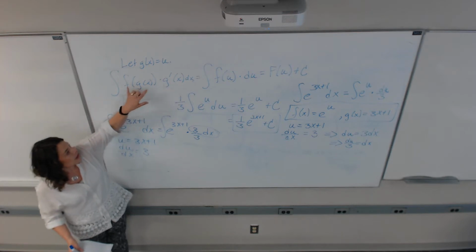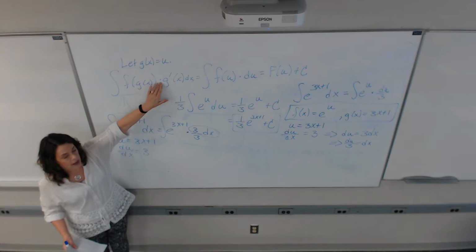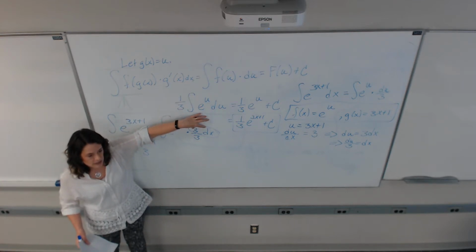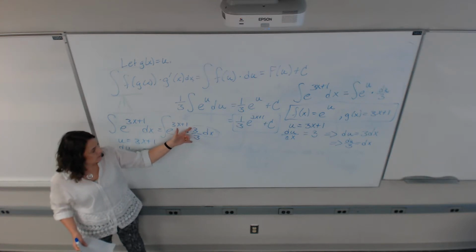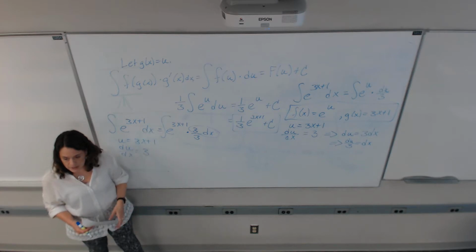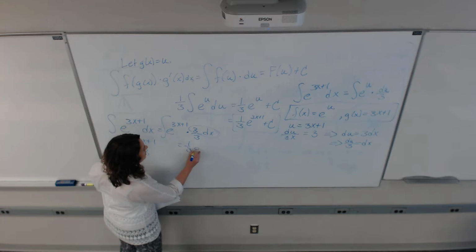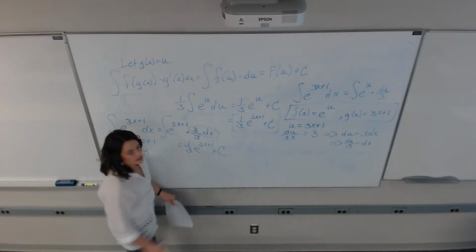So I have f of g of x, e to the 3x plus 1, times g prime of x, 3 dx. And the 1/3 isn't included, so it floats to the front. Does that make sense? And that's why I end up with 1/3 e to the 3x plus 1 plus a constant.